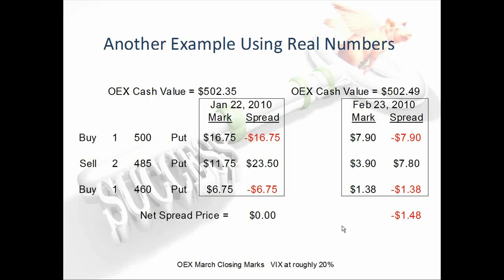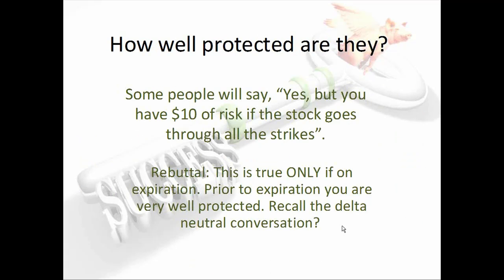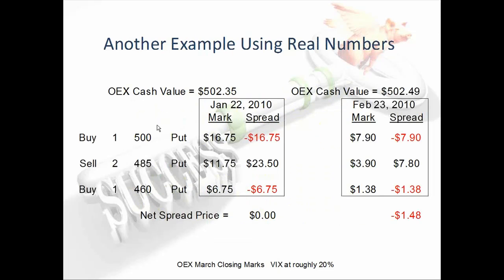Now, people say, well, this is great. I'm sold, provided you can tell me what my risk is on this. Well, how well protected are they? Some people say yes, but you have $10 of risk if the stock goes through the strikes. Remember, going back to the spread, we bought the 500 put, we sold the 485 put.